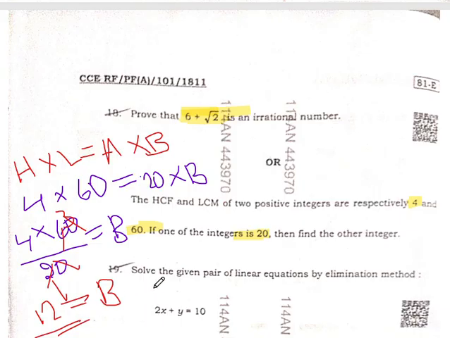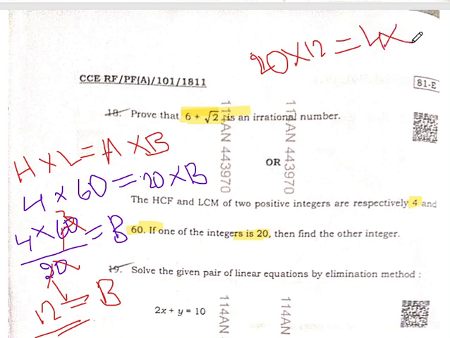If you want, you can verify here. Multiply these two, 20 into 12, where B is 12. A into B, that is 20 into 12, equals HCF into LCM, which is 4 into 60.